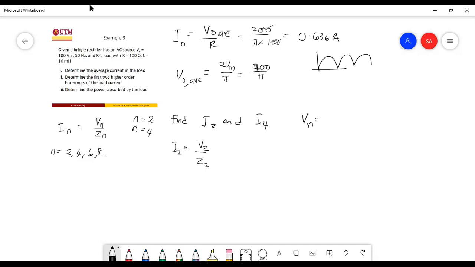It is referring to our slide, where our slide shows that Vn is actually 2 Vm over pi multiplied with 1 over n minus 1 plus 1 over n plus 1.